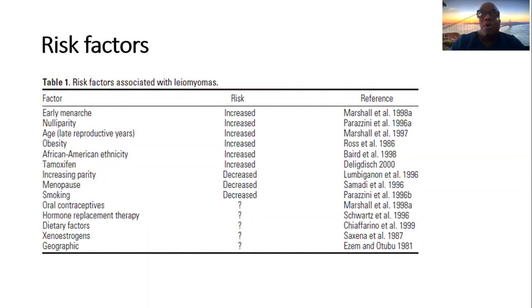The more a woman has carried a pregnancy and delivered, the less the risk of developing uterine fibroids. We have a surprising factor that smoking is associated with decreased risk of uterine fibroids, though for sure we don't advocate for smoking because of the many other side effects that are associated with smoking.